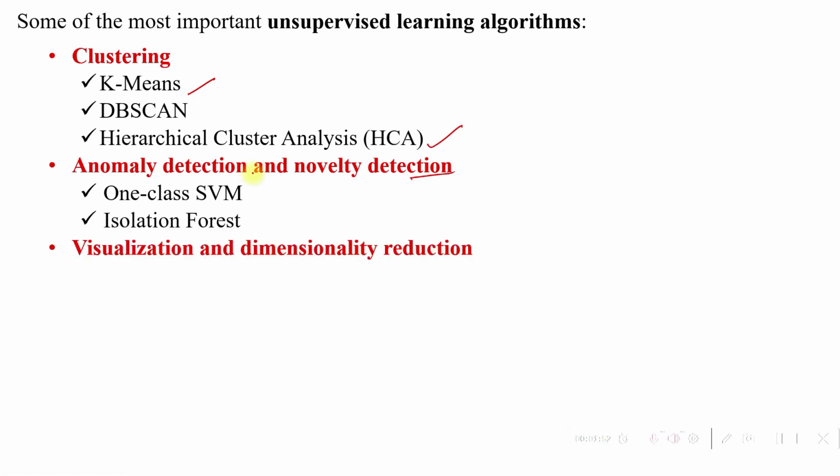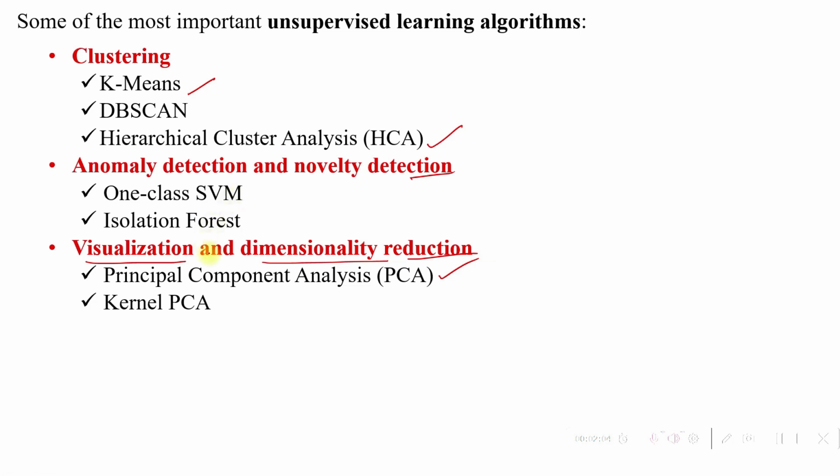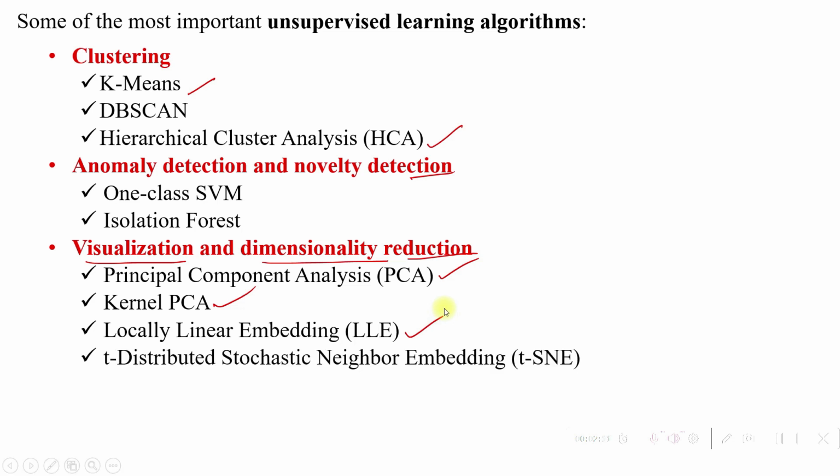One more type is visualization and dimensionality reduction, with the principal component analysis algorithm, kernel PCA, locally linear embedding (LLE), and t-distributed stochastic neighbor embedding, simply called t-SNE.